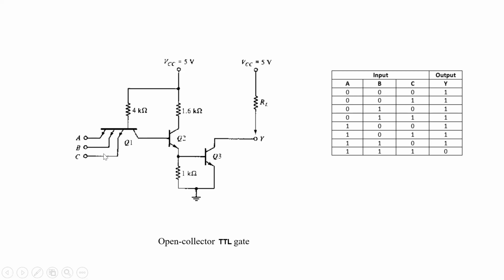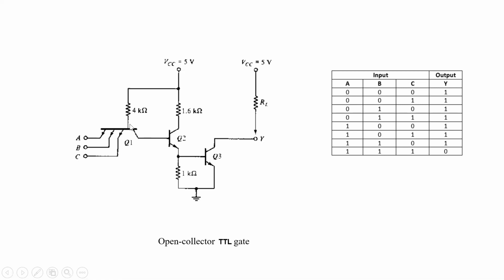Now, if any one of the inputs is high, or all the inputs are high, what will happen? First we are going to see what happens if all the inputs are high. All the base-emitter junctions become reverse biased, so transistor Q1 is off.